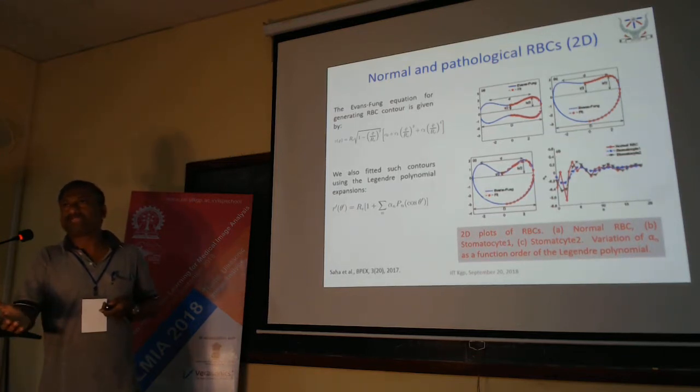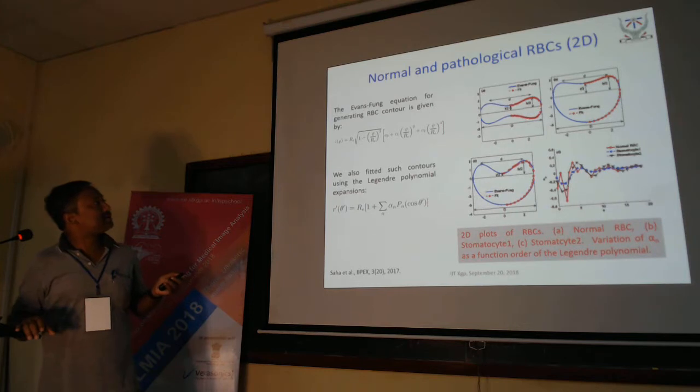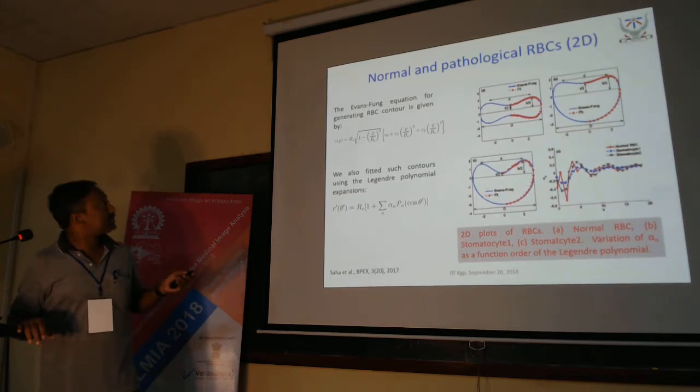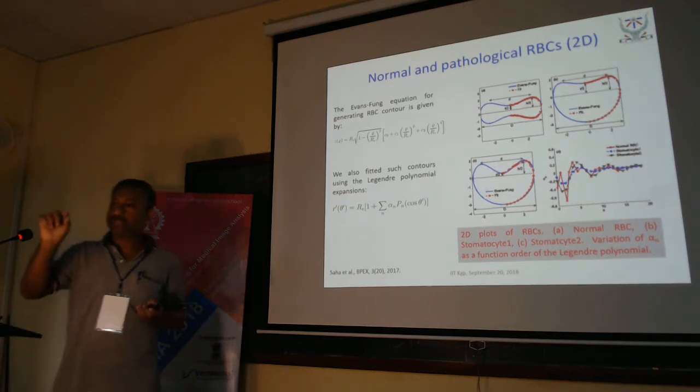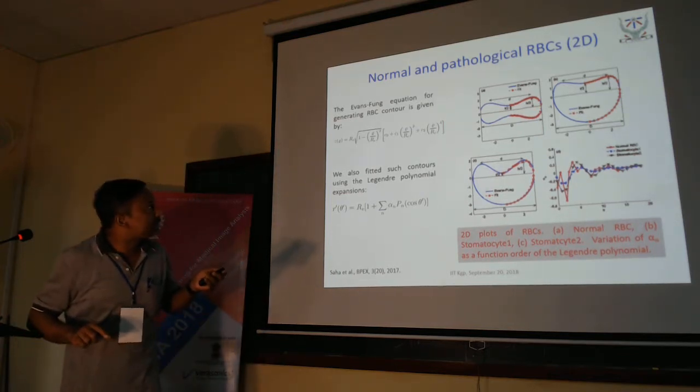Recently, we used Cassini ovals to generate RBC shape. So this is a theoretical expression, and there are C0, C1, C2 free parameters. If you know the thickness, this is known as dimple thickness.